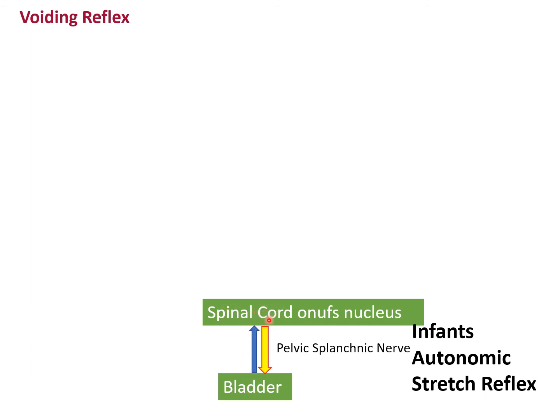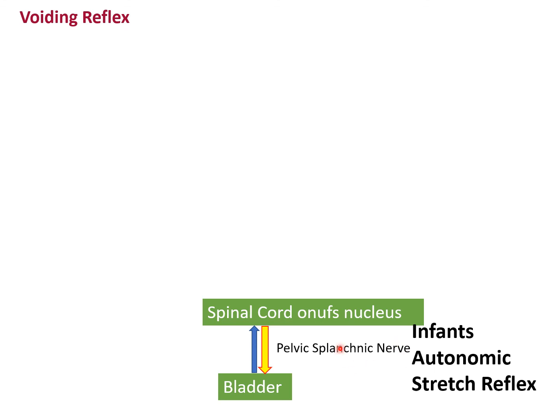A reflex efferent information passes via the pelvic splanchnic nerves and the pudendal nerves to the bladder, which causes the infants to urinate. So the bladder fills and an autonomic stretch reflex takes place, and the bladder contracts, and until toilet training is done, the infant tends to urinate wherever the child wants to.